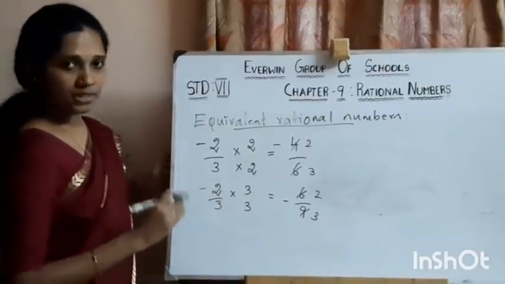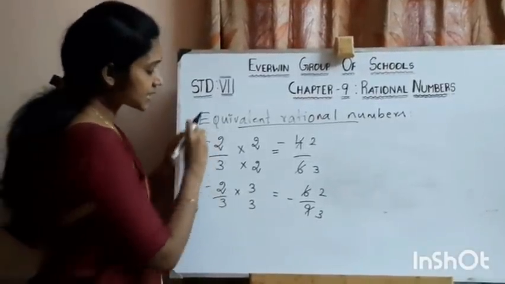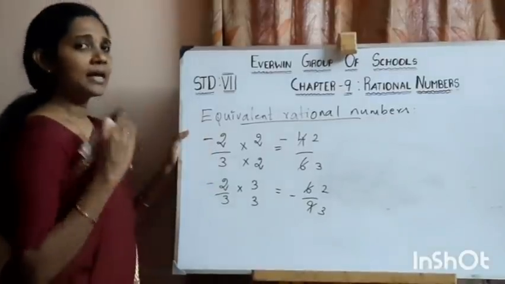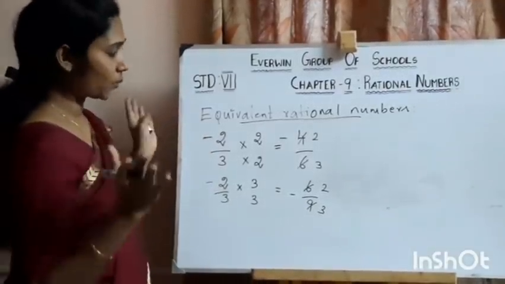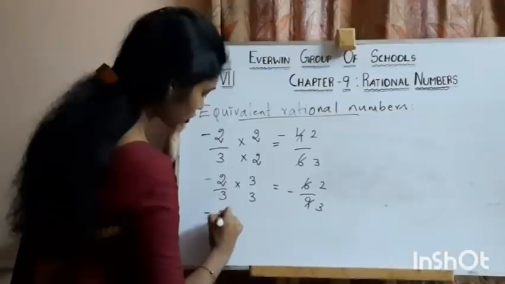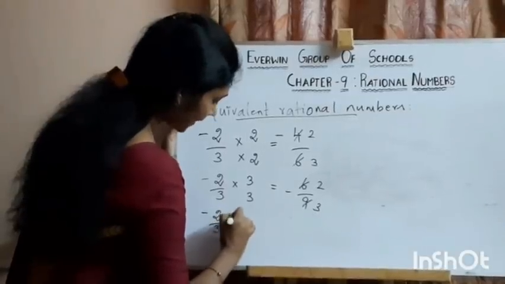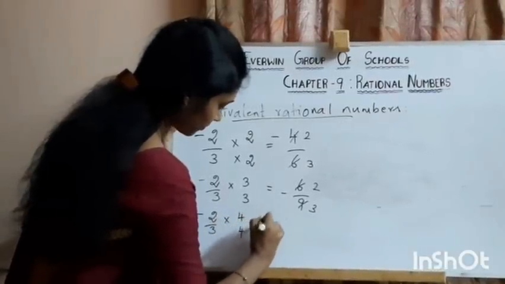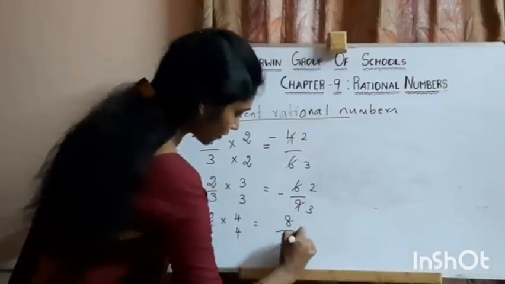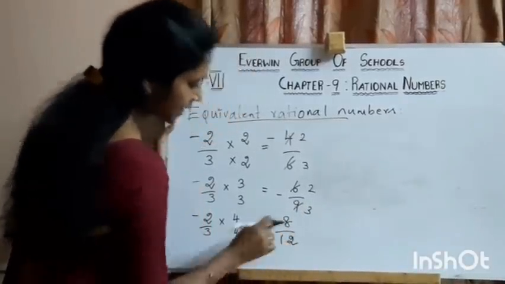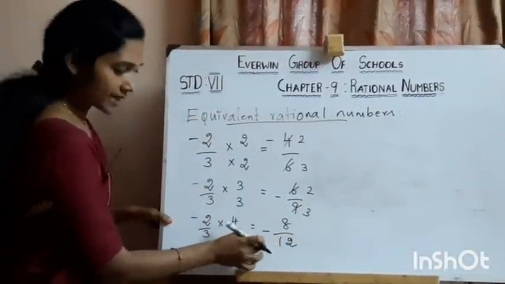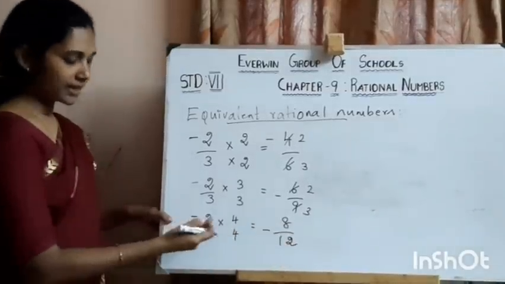So continuing this way, we can express minus 2 by 3 in many ways. Similarly, minus 2 by 3, I am multiplying it with 4. 4 2s are 8, 3 4s are 12. Minus 8 by 12, which is equal to minus 2 by 3.